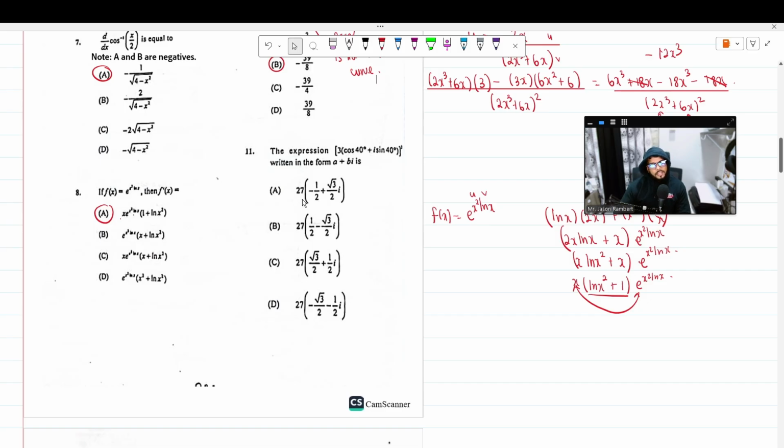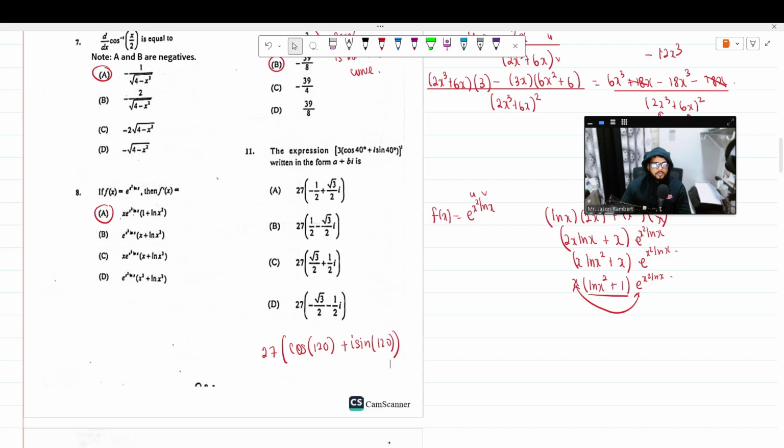When I expand the cubed, I'm going to get 3 cubed, which is 27. And then I will distribute the cubed inside. So I'm going to get cosine of 4 3s are 12, cosine of 120, plus i sine of 120.